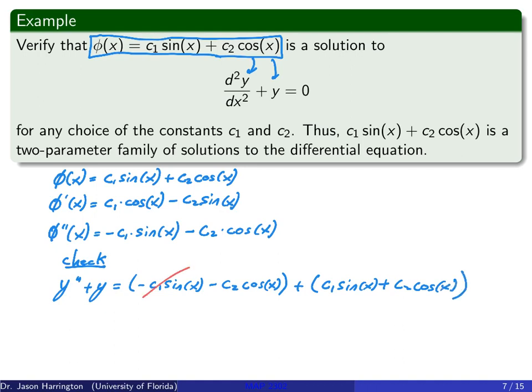And you'll see that each one of these terms cancels out, leaving us with 0. So yes, this in fact does work, and it is a solution to the ODE. And what's neat about this is C1 and C2 were arbitrary, so you actually have a whole parameter or a whole family of solutions to this one differential equation.